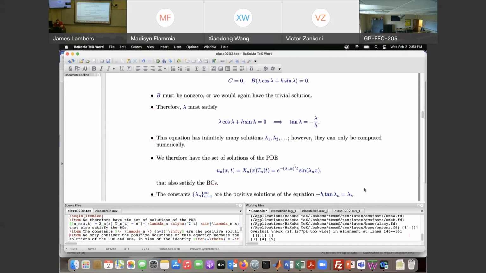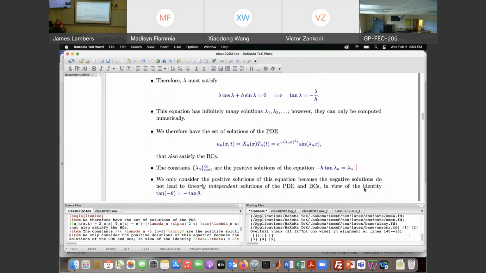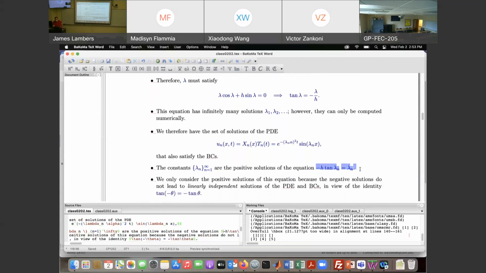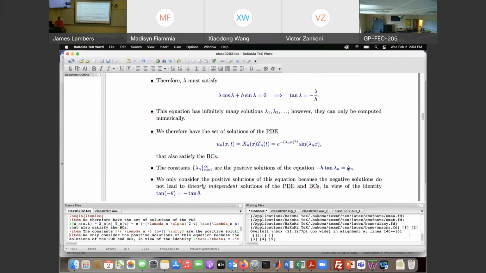Now, I say positive because suppose lambda n is a positive number that is a solution of this equation. And now suppose that I replace lambda n throughout by minus lambda n. Well, the right side, of course, will be negated. The left side will also be negated because tangent is what's called an odd function. If you negate the argument of tangent, you negate the tangent. So in other words, if lambda n satisfies this equation, minus lambda n will too.